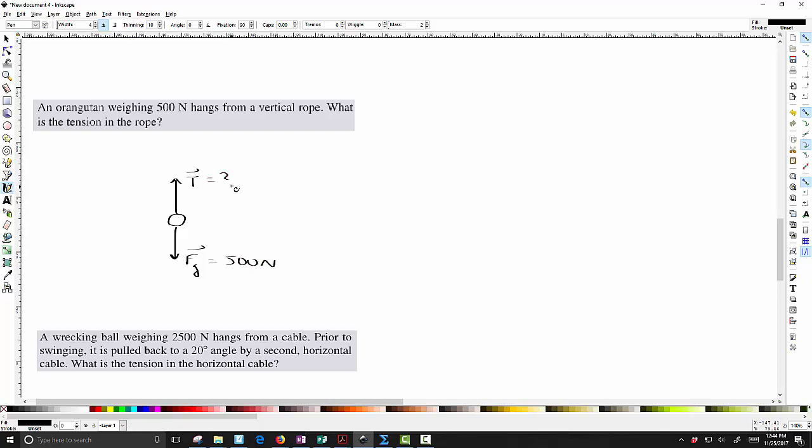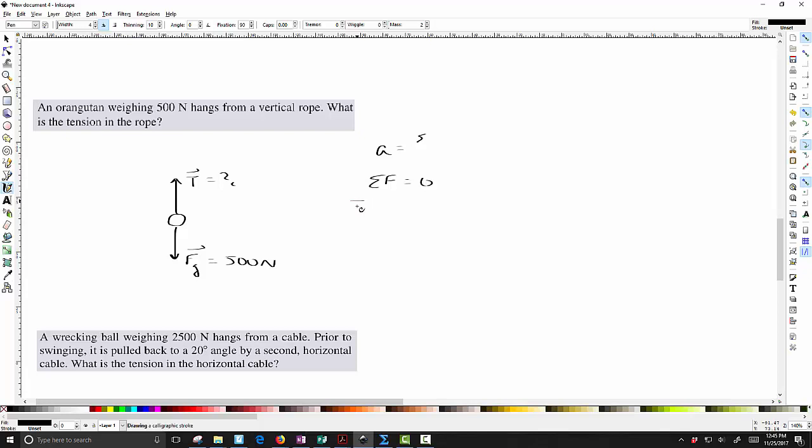Now, you could just look at this and, since it's in equilibrium, it's not moving, we know that these are going to have to be equivalent. But let's see why. Let's just say the net force is going to be zero. So now we just add up the forces.